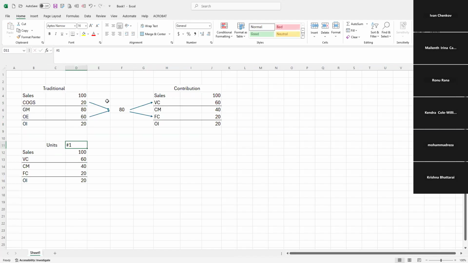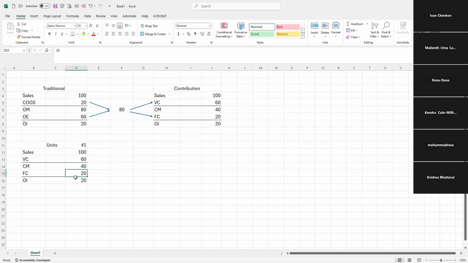We're selling only and only one unit. So if we sell one unit, the selling price per unit is $100. Variable cost for that unit is $60. Contribution margin is 40. No questions about it.